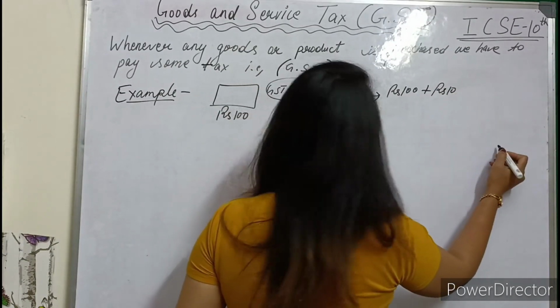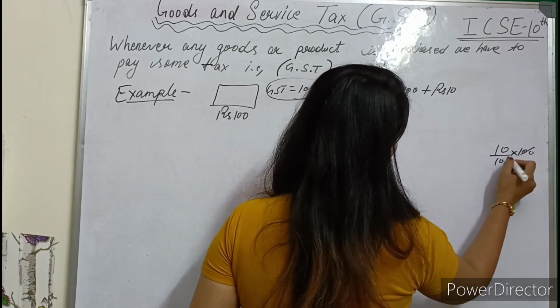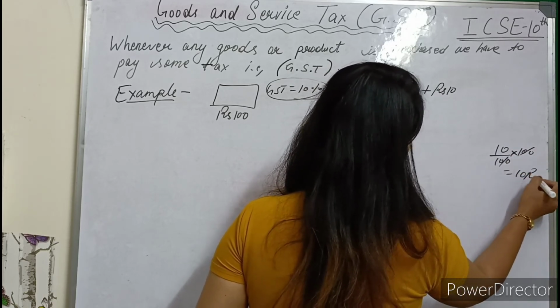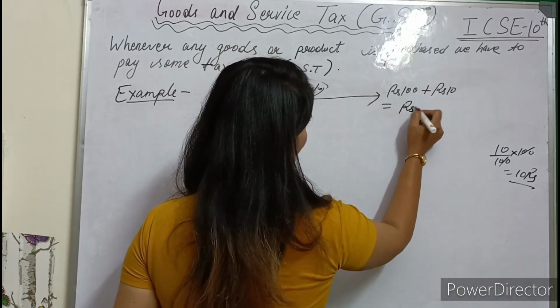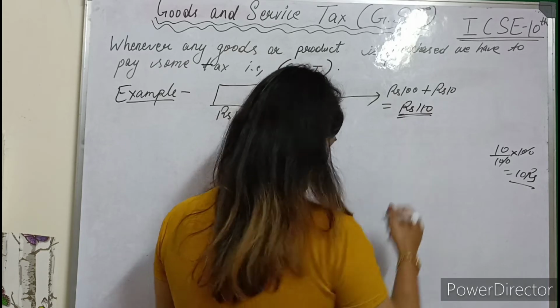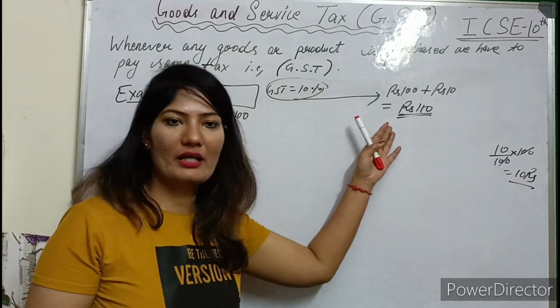You can find it very easily. 10% of 100 means 10 by 100 into 100, that is 10 rupees. So 100 plus 10 is now rupees 110. It means that for the same product you have to pay rupees 110.